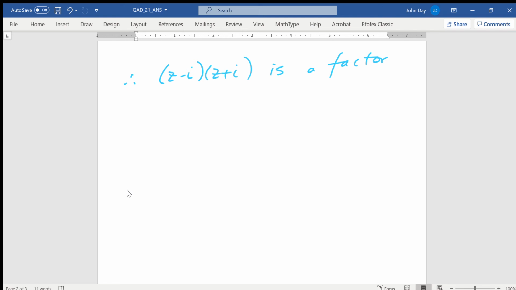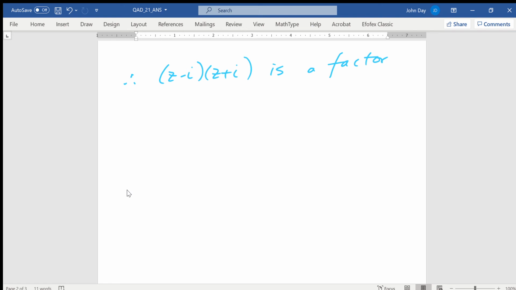Like 18 is divisible by 6 and 18 is divisible by 9, but 18 is not divisible by 6 times 9, is it? Because 6 and 9 both have a common factor of 3. So we've got to watch what we do there.